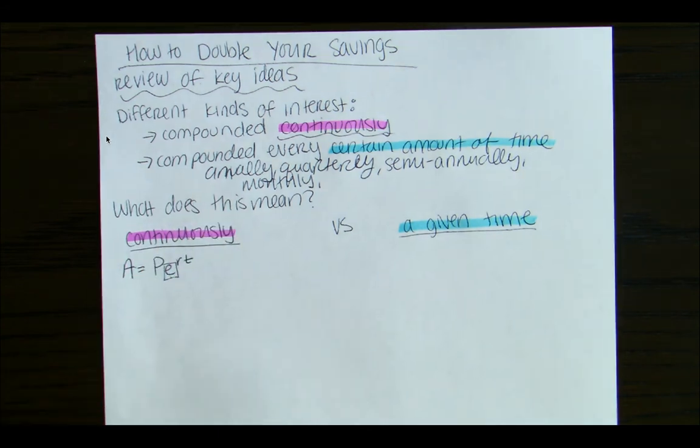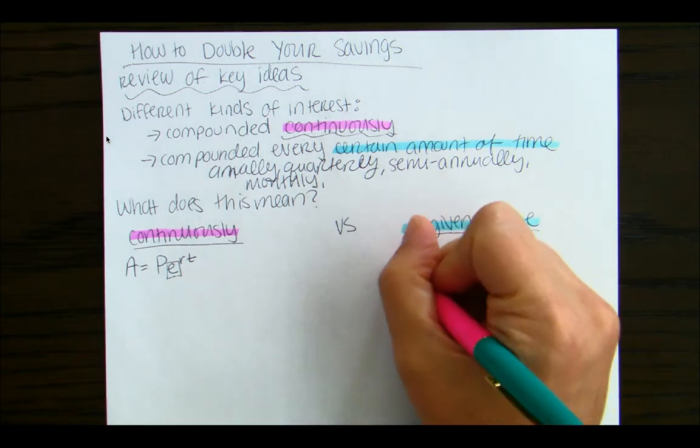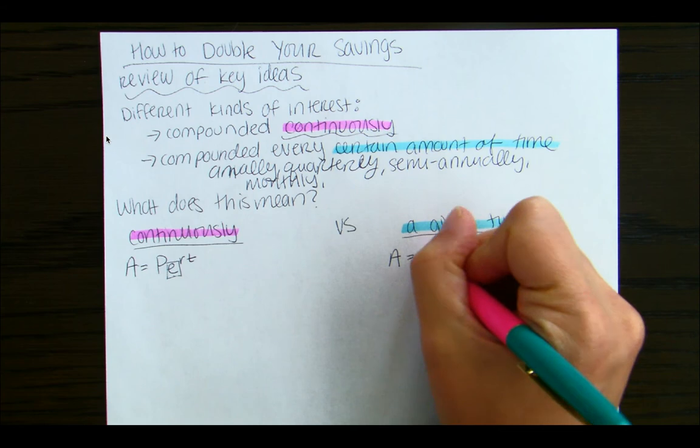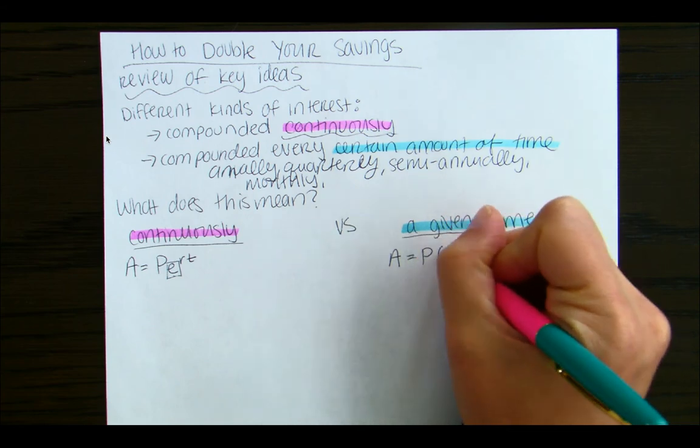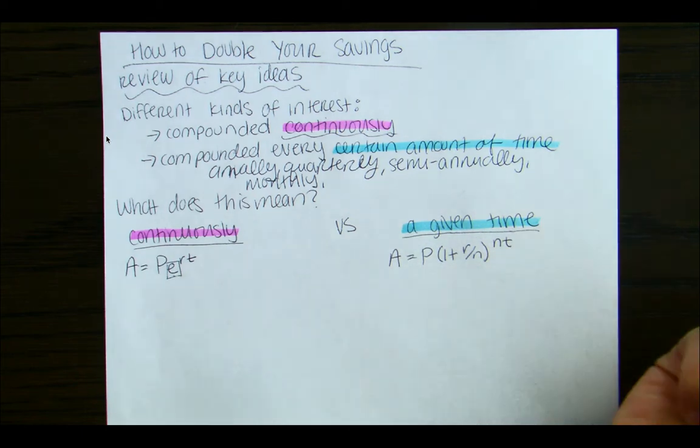So, when I'm putting it in the calculator, when I'm talking about continuously, we look for the e button on there because it is its own function. Whereas over here, we're looking at A equals P(1 plus r over n) to the nt. So, what do each of these mean?